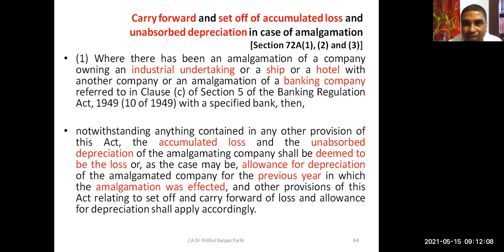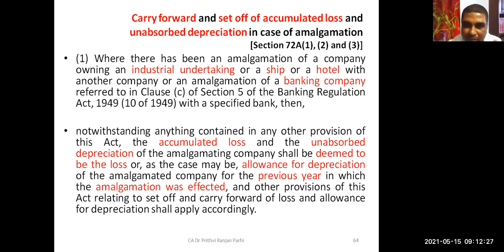In these kinds of situations, the accumulated loss or the unabsorbed depreciation of the amalgamating company, that means the old company which is going to be amalgamated, shall be deemed to be the loss or depreciation allowance of the amalgamated company.